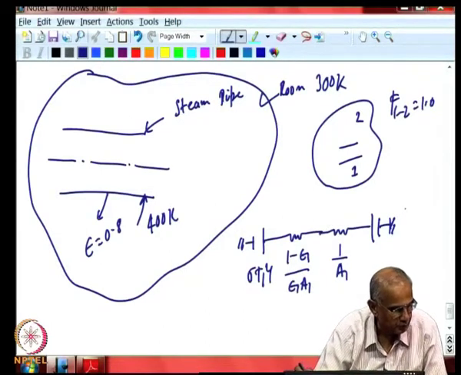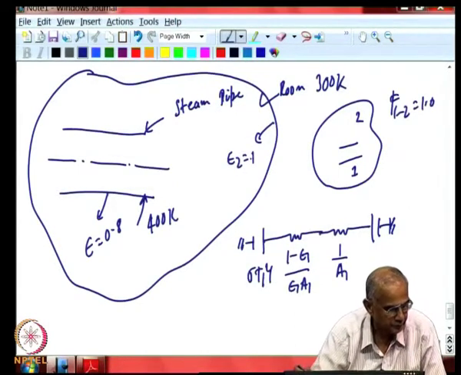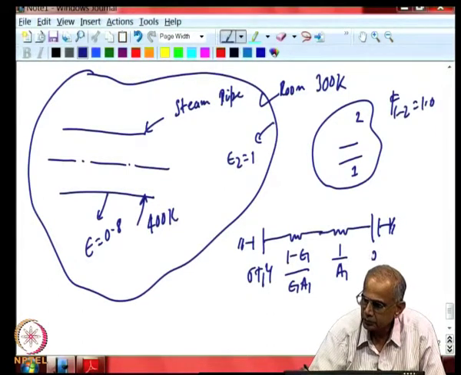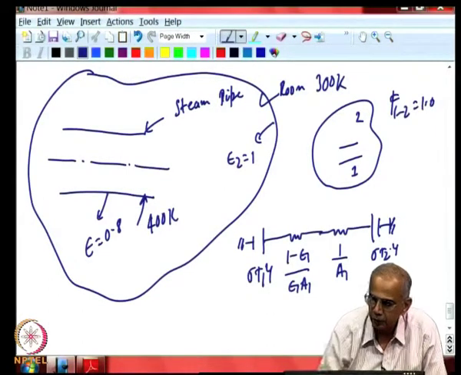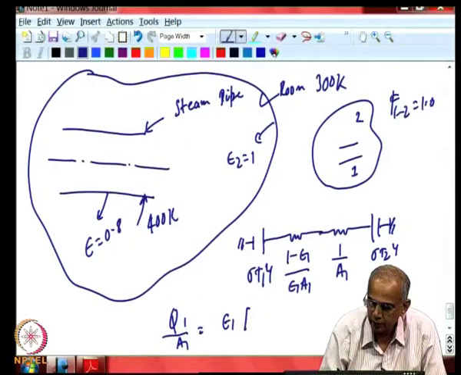Let us assume the room to be a black body. Room emissivity is 1. So, we will get now sigma T2 to the power of 4. Therefore, the heat transfer rate per unit area of the pipe is nothing but epsilon 1 times sigma, of course, (T1 to the power of 4 minus T2 to the power of 4).